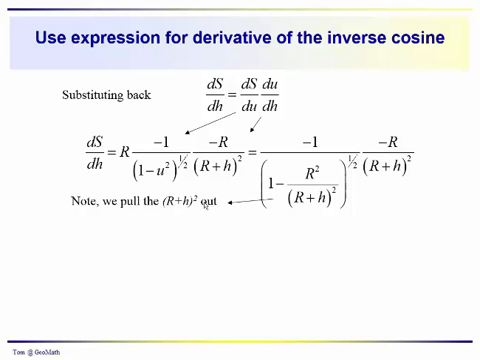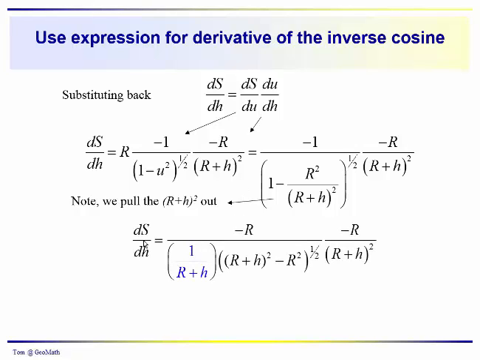Now what I'd ask you to do, and again you might pause the tape and fiddle around with the algebra here, is pull out this (r plus h) squared in the denominator of this term. That's going to give you an (r plus h) squared over (r plus h) squared, right? You're going to pull out the (r plus h) squared. So that we get ds/dh is equal to minus r.